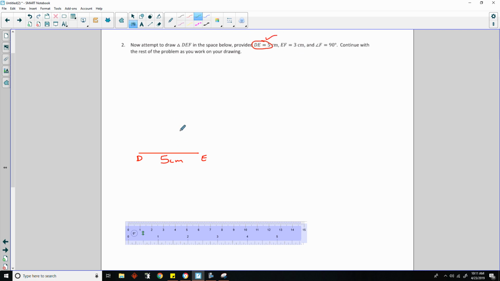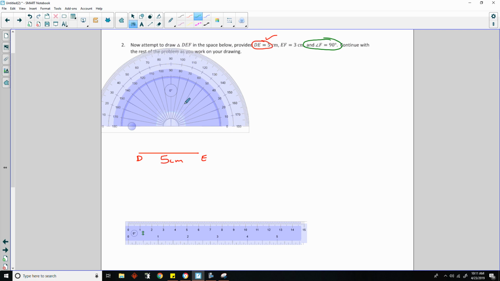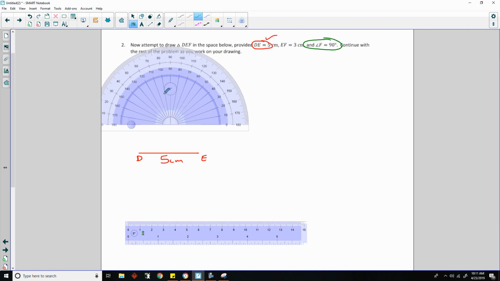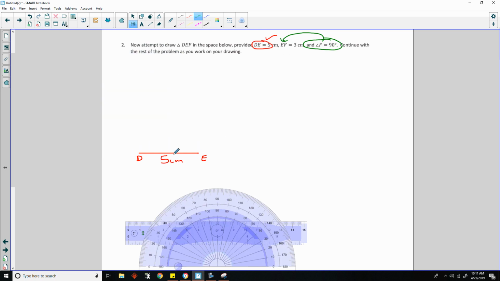EF is 3. Don't know where it is. Angle F is 90 degrees. So I'm going to get my protractor. Angle F. Okay, so you see what I did there. I drew the first one, and angle F is formed by one of the rays, EF, not DE. So this is going to be my compass location.